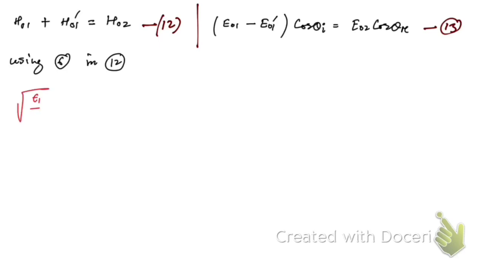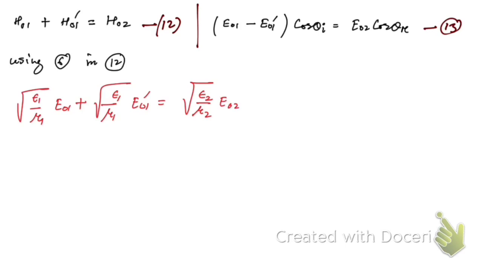Root over epsilon 1 by mu 1 E01 plus root over epsilon 1 by mu 1 E01 dash. That's going to be equal to, just wait, actually that's supposed to be root over epsilon 2 by mu 2 and E02, right? That's what we should get.